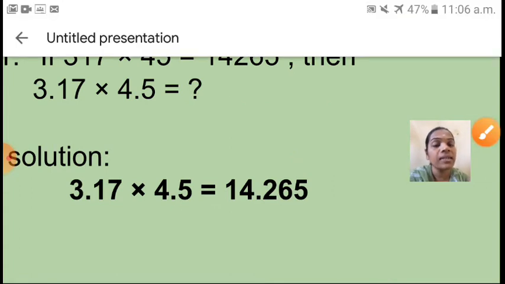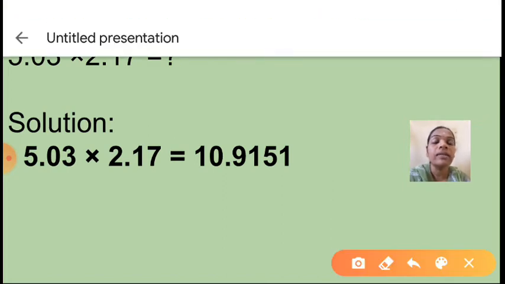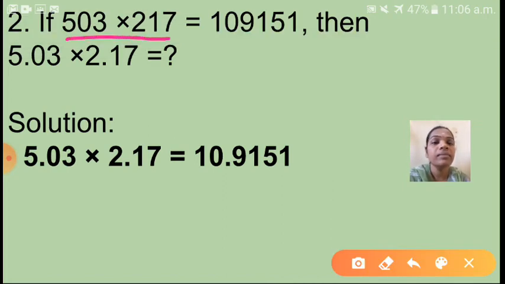Yes. Second question is, see here, children, the same method. If 503 into 217, here also you got an answer, that is 1 lakh 9,151. This is your answer. So here it is not necessary to multiply, you already got the answer.